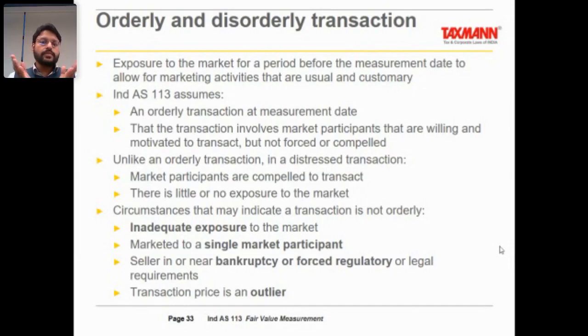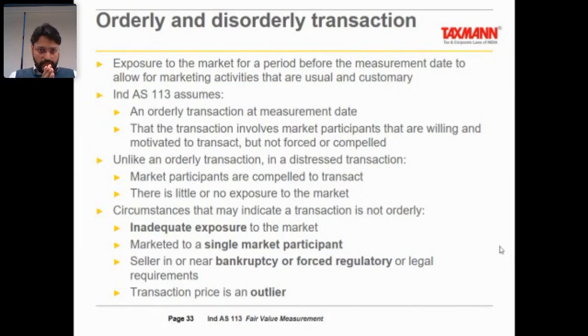So what does orderly mean? Orderly means that the asset was available in the market for a reasonable period and buyers were intimated through some marketing activities that this product is available for sale, and buyers were given a reasonable time period to come up with their bidding for that particular asset. So that is called the orderly transaction.